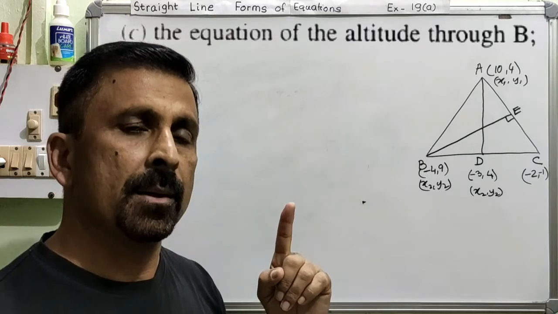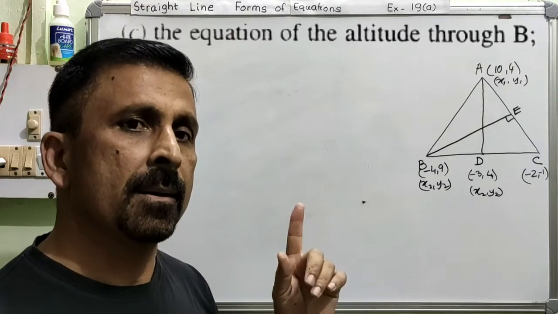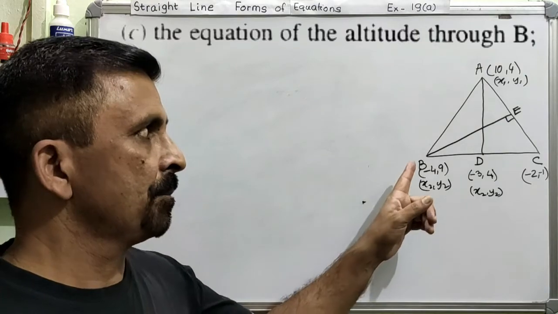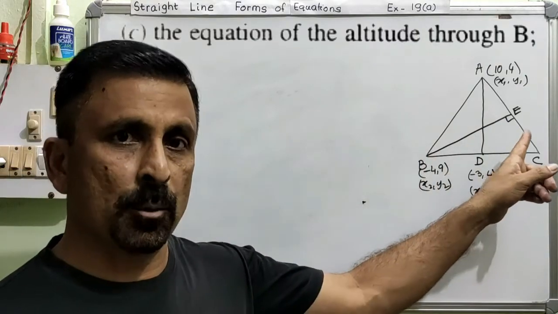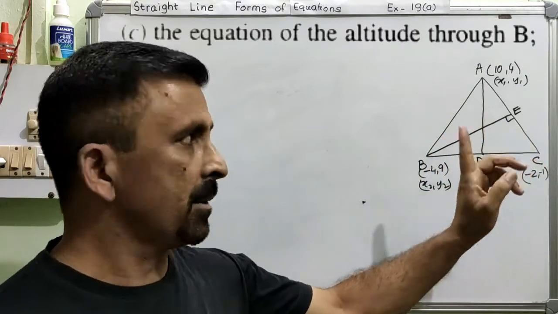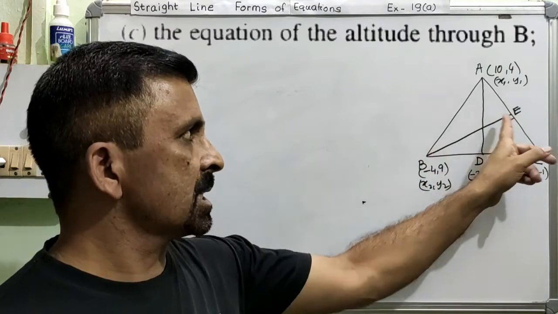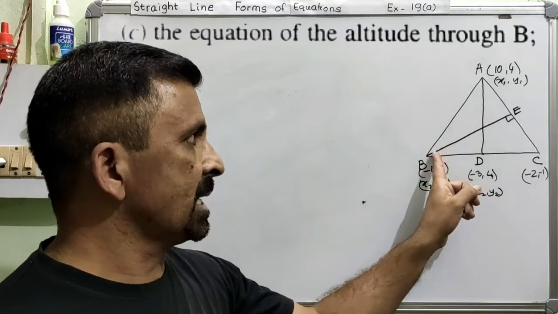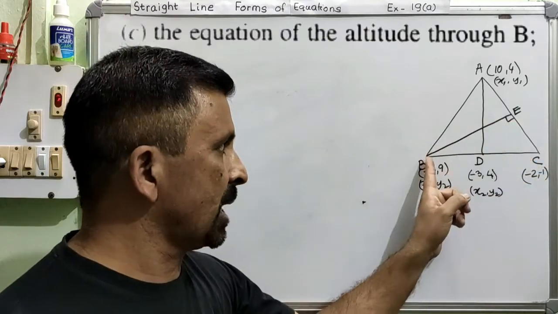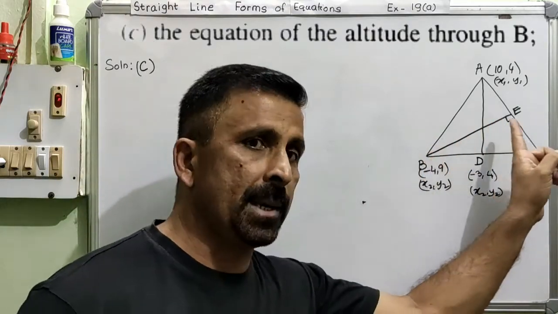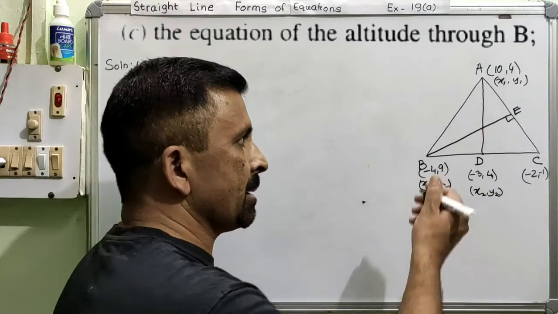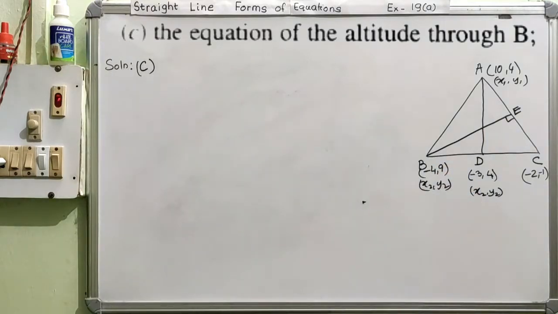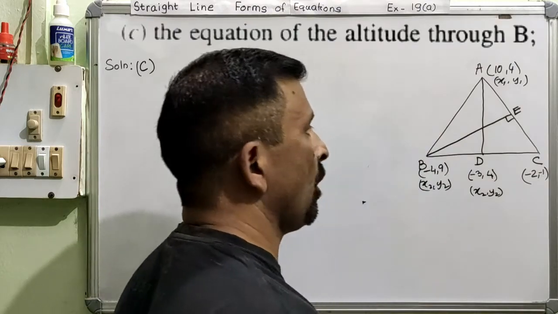One is the slope and point form, then the 2-point formula. So here, please remember we are asked to write the equation of BE. Is this okay? And this BE is an altitude.